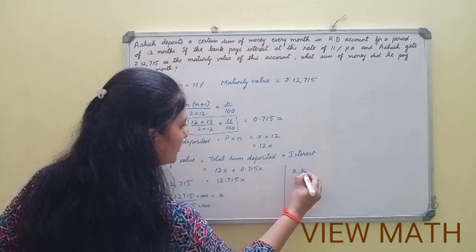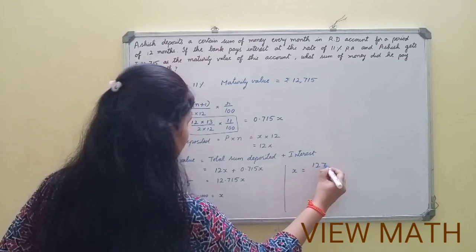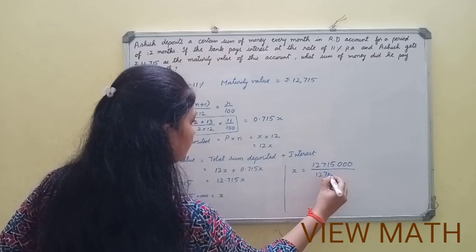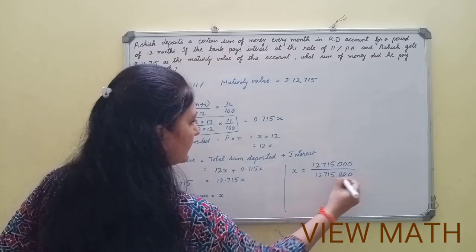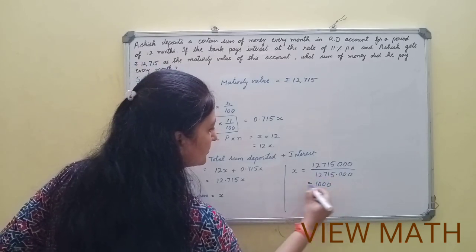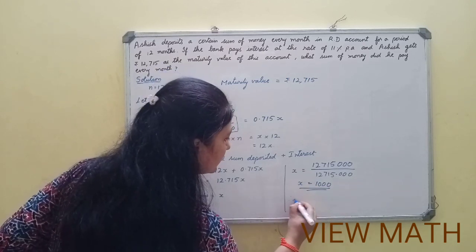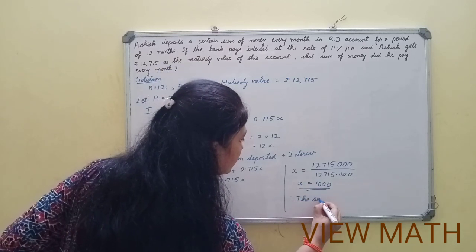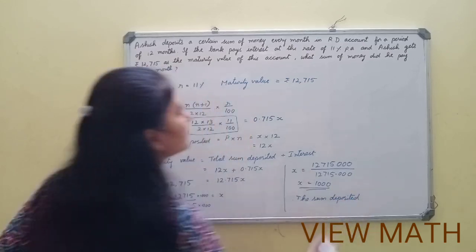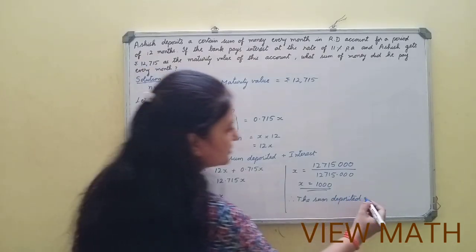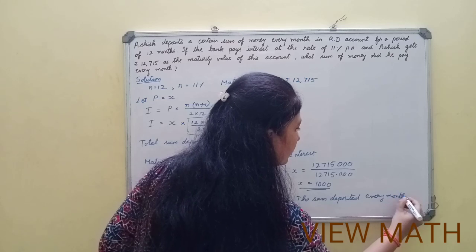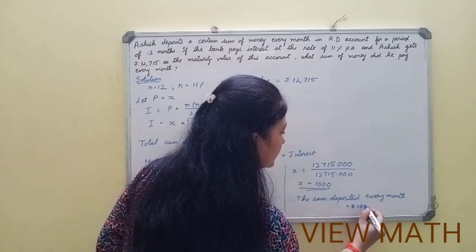I will be getting X is equal to, this calculation part I think you can do it, it is simple, divided by, you will be getting rupees 1000. Therefore, the sum deposited every month is equal to rupees 1000.